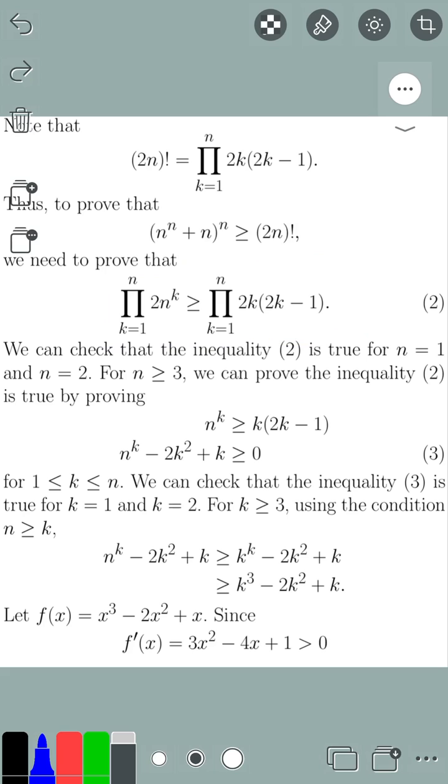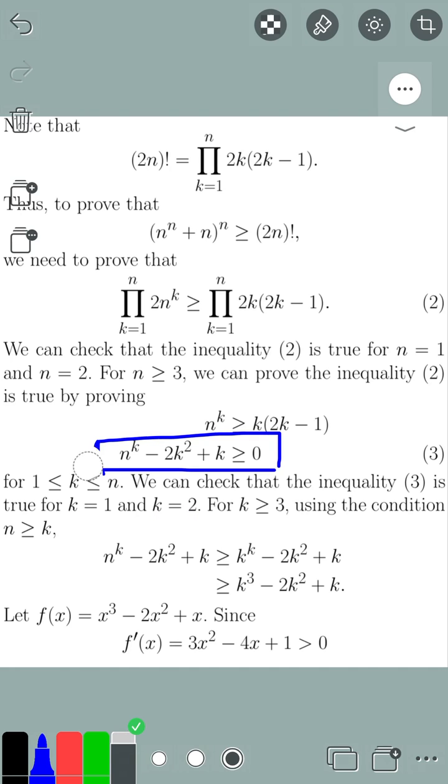And so, again, just check that this inequality is true for k equals 1 and k equals 2. By hand, just plug in k equals 1 and k equals 2 and check that this inequality is true for n larger than or equal to 3.